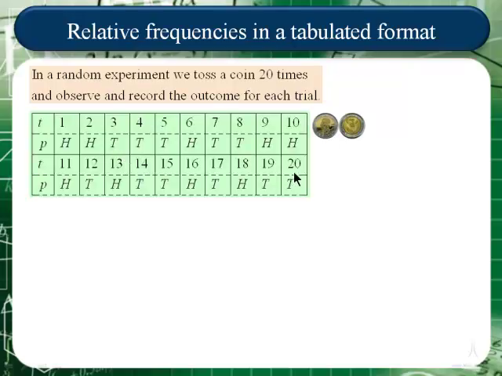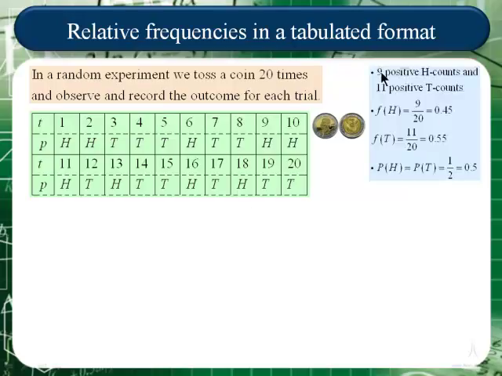So here are the 20 trials. T indicates the trial and it's counted here, while P is the positive outcome. So trial 1 produces a head, trial 2 a head, trial 3 a tail, 4 a tail, 5 a tail, and so forth.